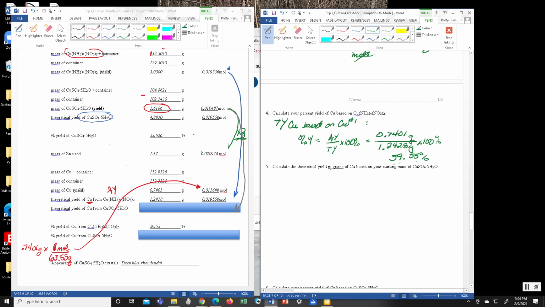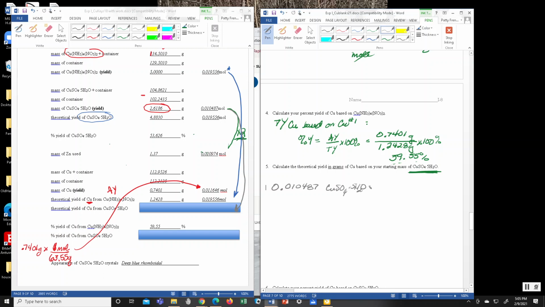Now we want to know the theoretical yield in grams of copper based on the copper number 2, the copper sulfate pentahydrate. So again, rather than starting from scratch, I'm going to come here and find, here was my copper 2-sulfate pentahydrate, and here were my number of moles. So I'm going to start with that. So 0.010487 moles of copper sulfate pentahydrate.